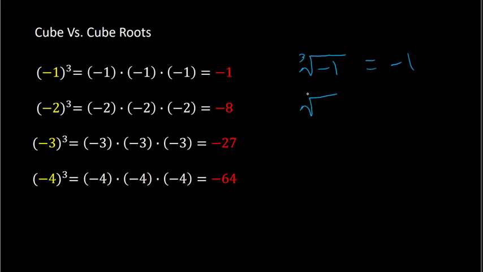Now if you had the cube root of negative 8, that's asking what number cubed gives me negative 8. We see right here we have negative 2. So the cube root of negative 8 is negative 2. We can keep going. The cube root of negative 27 is asking what number cubed is negative 27. We see right here that number is negative 3.